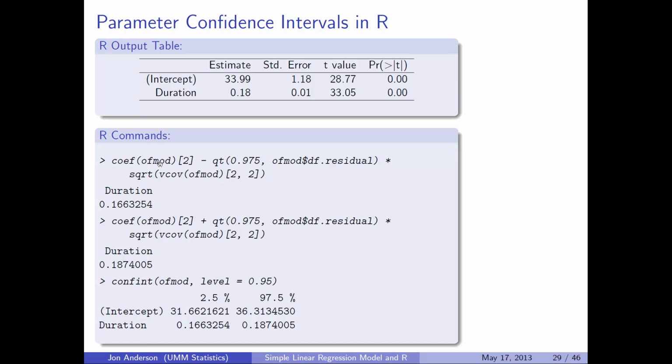Down here in the commands box, I go through excruciating detail about how to come up with a confidence interval. And this is not something I would recommend that you do.